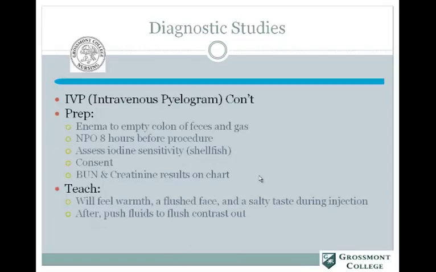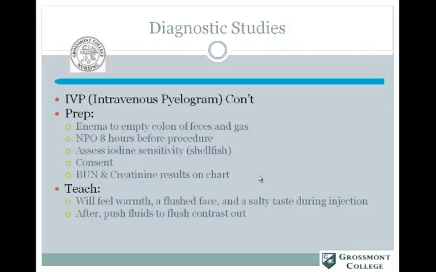And prep, so we're going to want to empty the bowel again there at 8 hours NPO. They do need to be consented before we do a dye, so they'll need to sign for that. And we also want to tell them that they're going to feel warm. They may feel flushed and salty. They may taste saltiness during the injection.